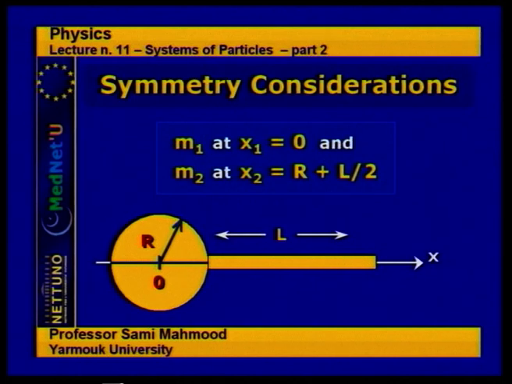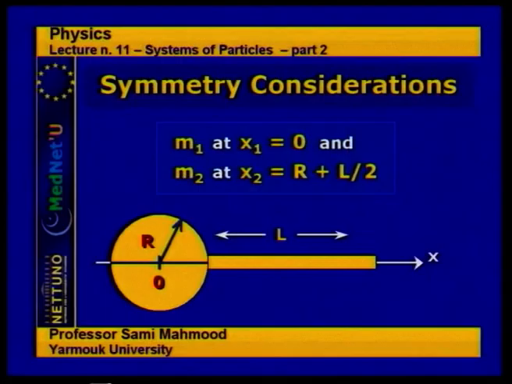Also, the sphere being a uniform body, spherical shape, it's also easy to determine the center of mass for the sphere. The center of mass of the sphere, since it has a uniform density, is at its geometrical center, which is the center of the sphere itself. We call that point, which is the center of the sphere, the origin O. We just select that point for convenience to be our origin.